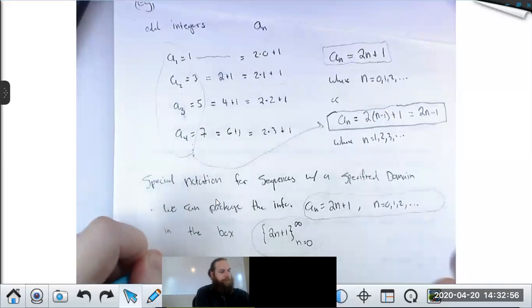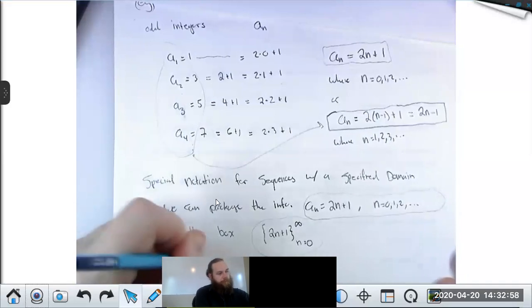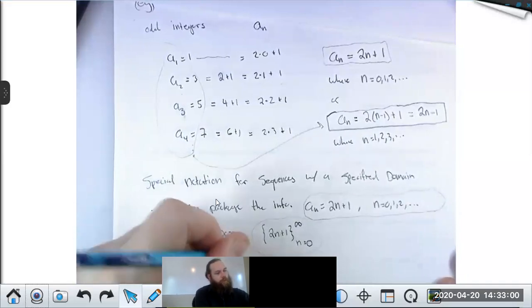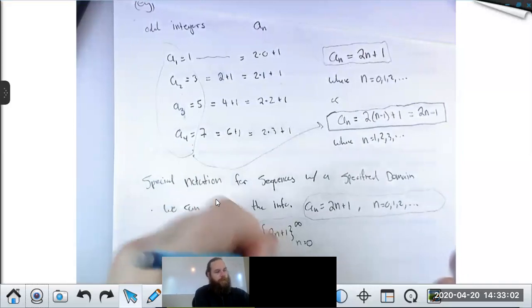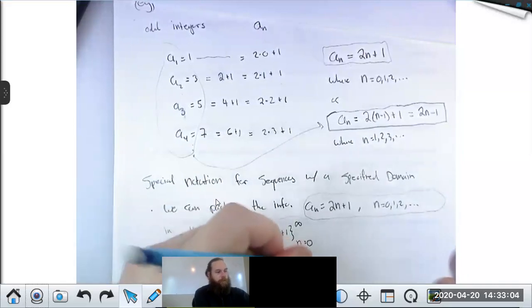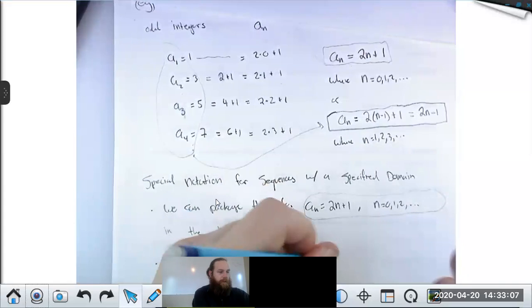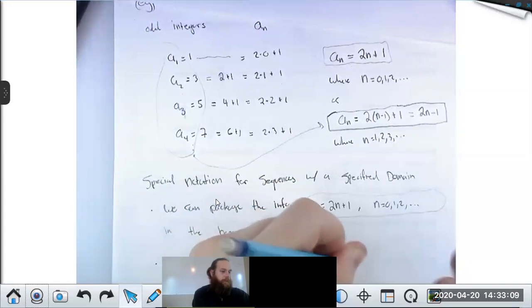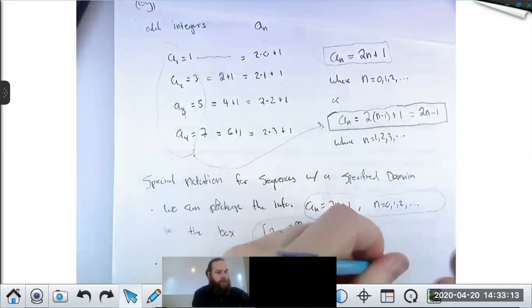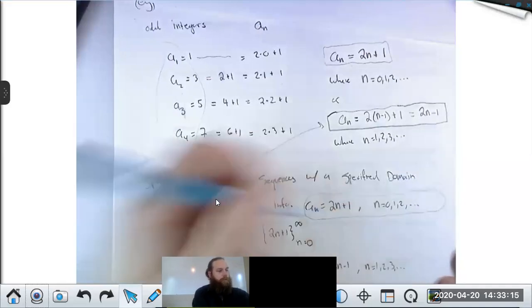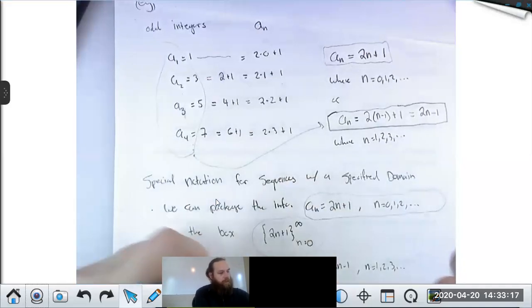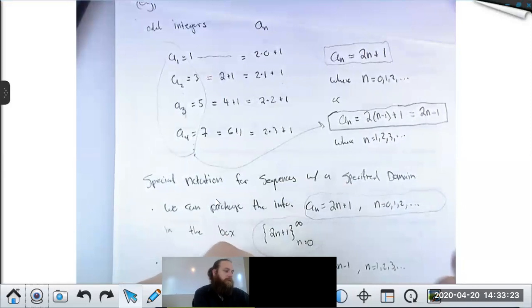Similarly, we can package the information an equals 2n minus 1, where n is equal to 1, 2, 3, and so on, as curly braces 2n minus 1 with a little n down here starting at 1 and going to infinity.